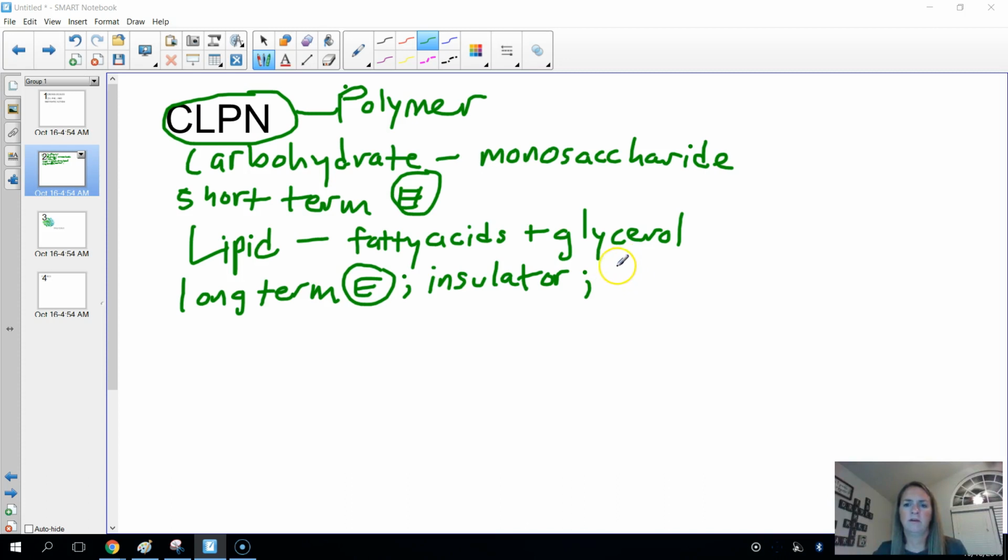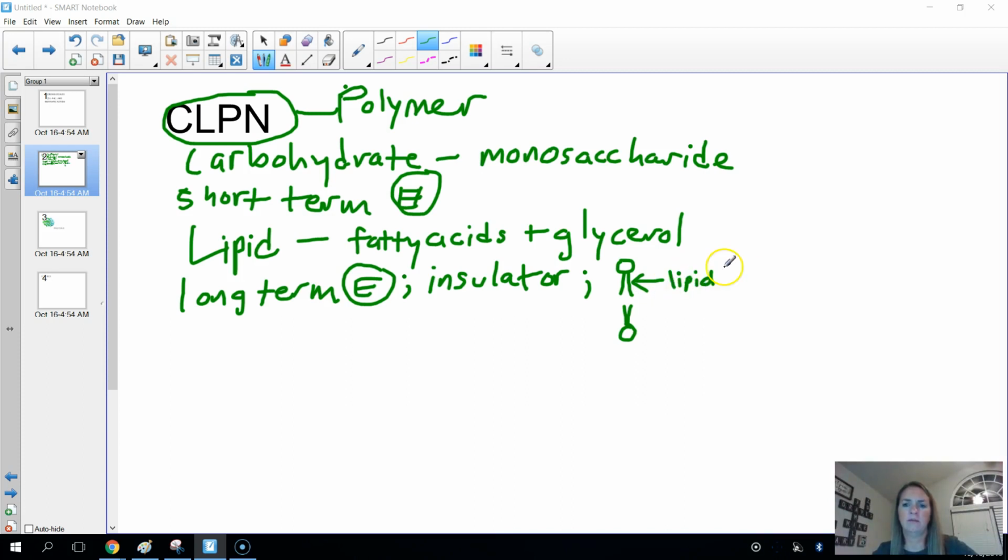If you remember, in the phospholipid, right? Here's a phospholipid. There's two of them because they make up a phospholipid bilayer, bi meaning two. And this tail part is the lipid part.